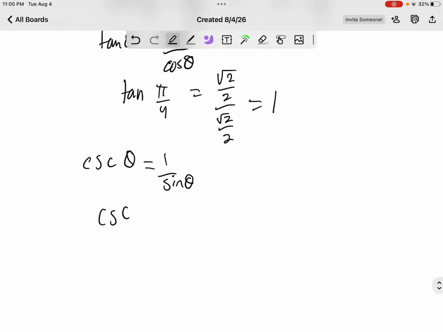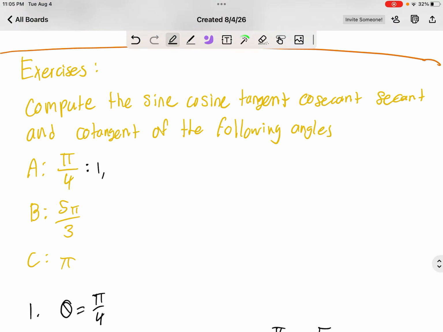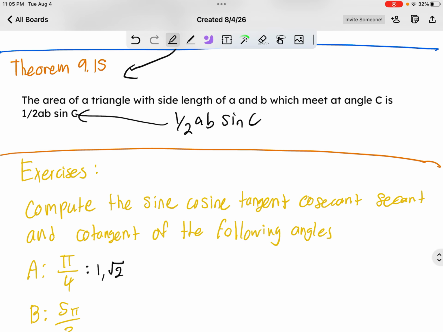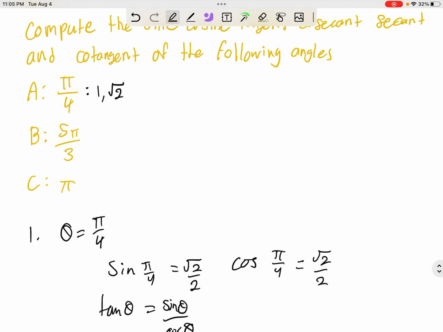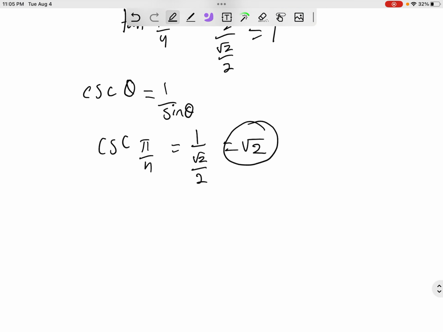Csc of pi over 4 equals 1 over root 2 over 2, which is then equal to root 2. Then we'll just write that as one of our answers, comma root 2. Then we'll use the secant formula. No, the cotangent formula. What am I saying? I don't even know at this point. Yeah, we're going to use the secant formula.